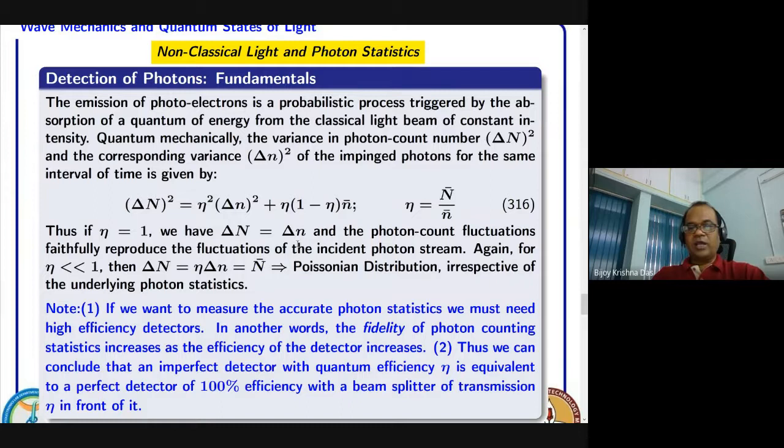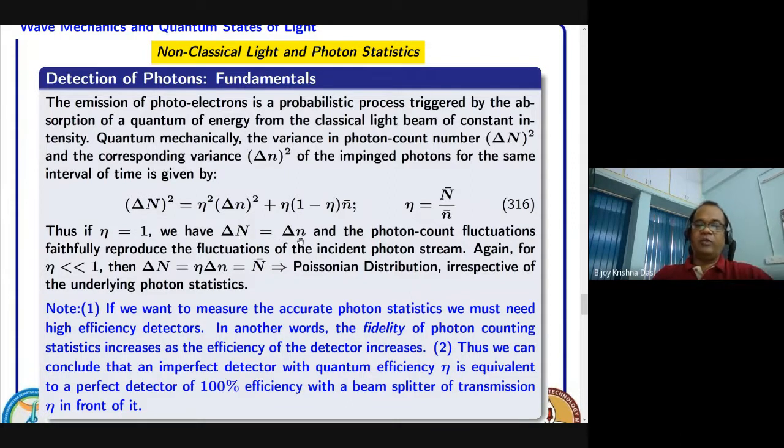So this is the situation. You can say that the photon count fluctuation faithfully reproduces the fluctuations of the incident photon stream. That means delta n is the variance, the standard deviation of the incoming photons, and it will be completely reproduced in your current or photoelectron generation. If it is Poissonian, then the current will be Poissonian.